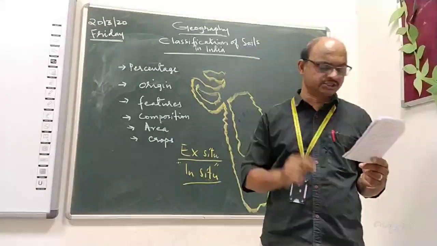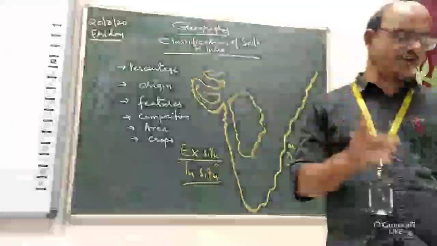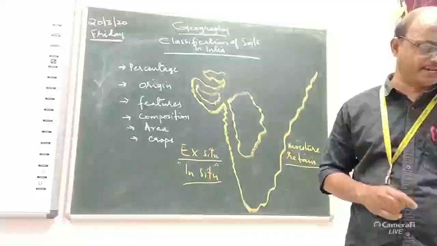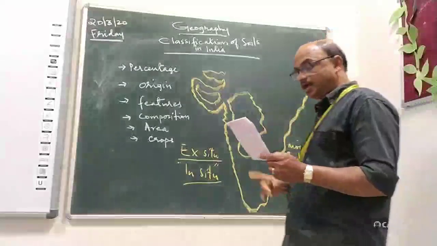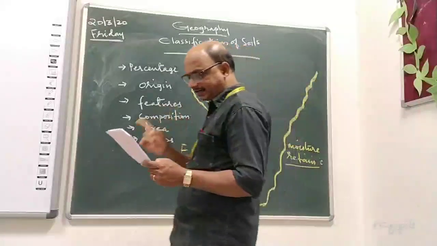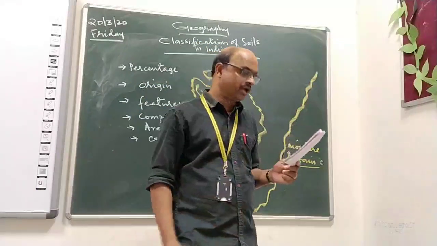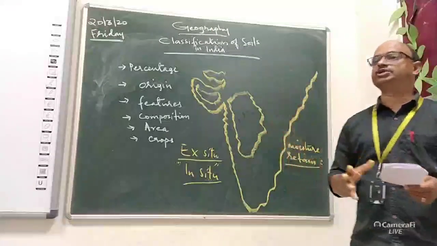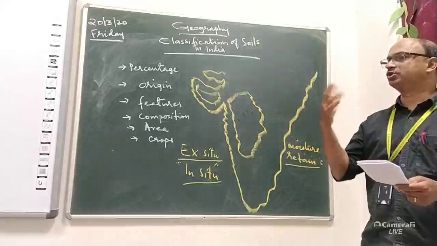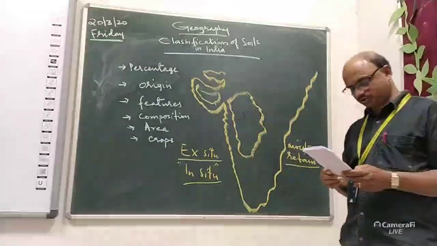Here, lime is there, alumina, iron, potash, magnesium carbonate, and calcium. I shall repeat. Lime content is there, alumina is there, iron content is there, potash is there, magnesium carbonate is there, and calcium is also there. So that is why it is very fertile soil, and cotton, sugarcane, and many other crops are cultivated in this particular soil.